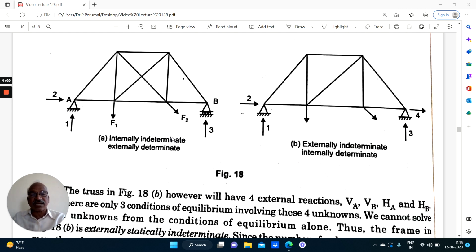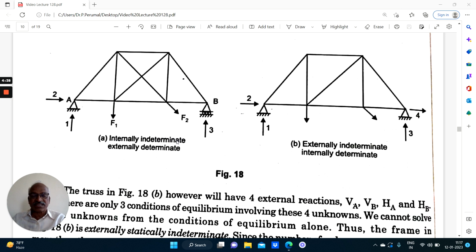As I told earlier, a truss may be internally redundant or externally redundant. Internally redundant means having more members than are required for its stability. If a structure can be stable with 4 members and you provide one more member, then naturally it is indeterminate.